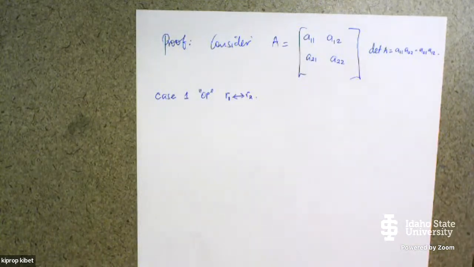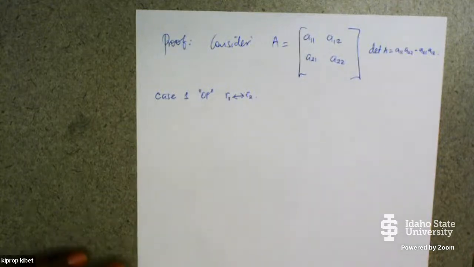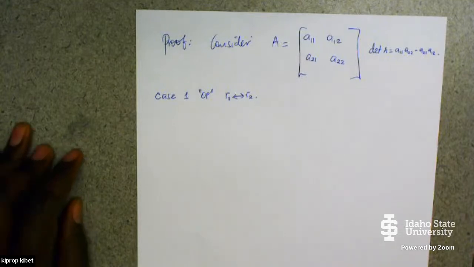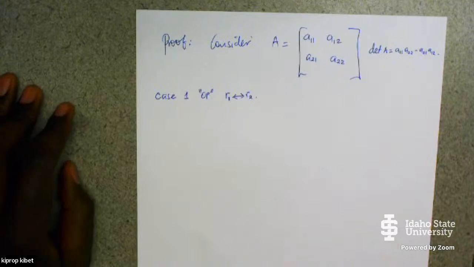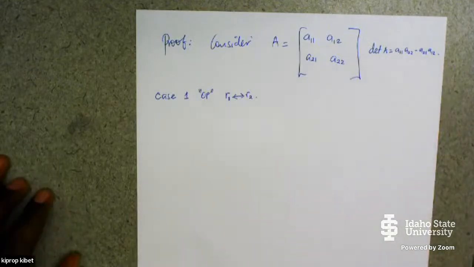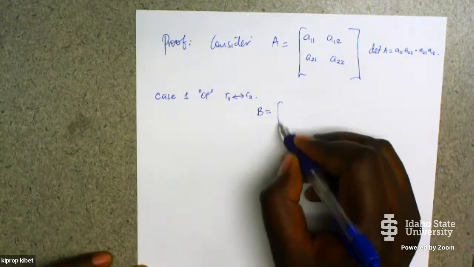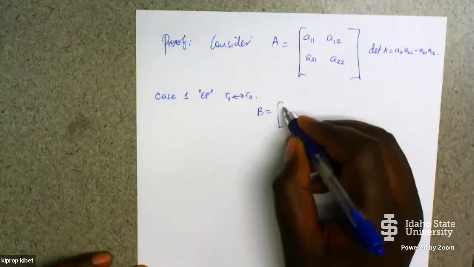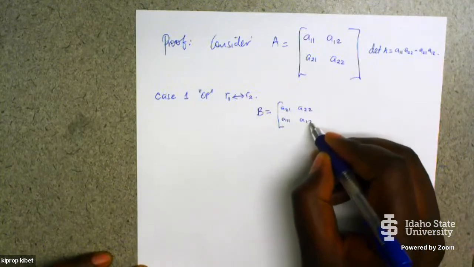Since B is the matrix obtained by applying an elementary row operation on A, our B in this case will be A21, A22, A11, A12.